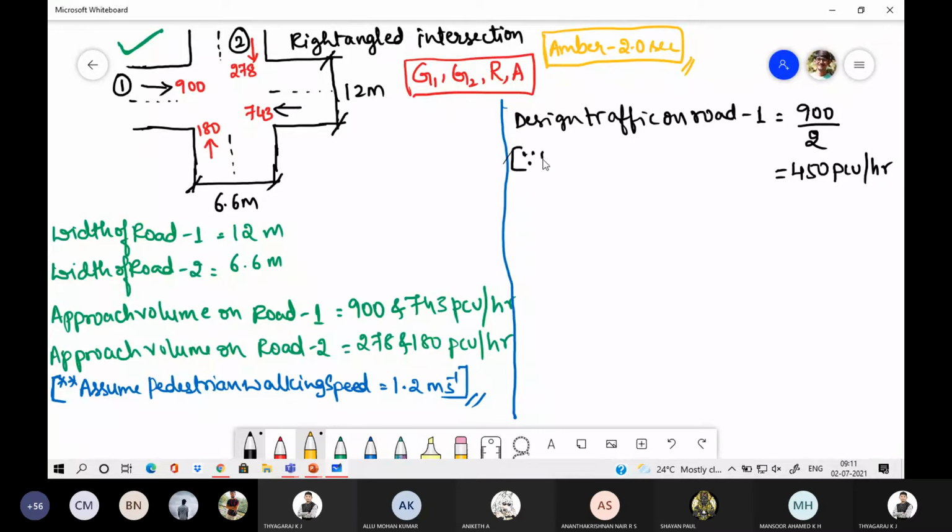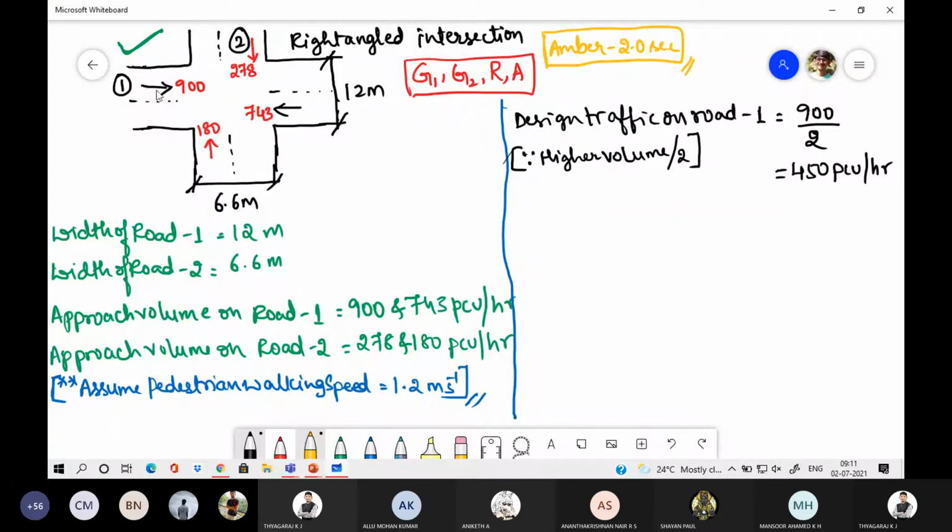Because remember, design traffic means the maximum traffic running on the road, that is the higher volume. We have to consider the higher volume. In road 1, we have got a higher volume of 900 PCU per hour. So 900 divided by 2 gives 450 PCU per hour.